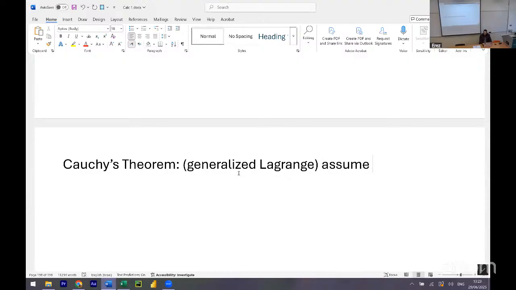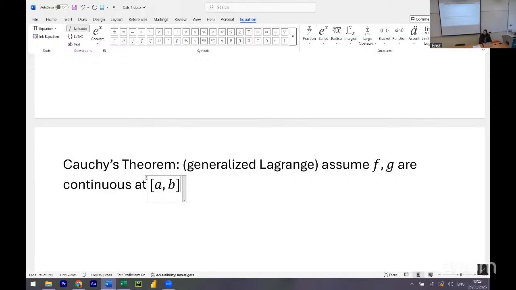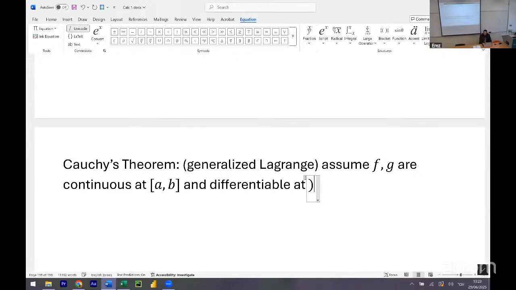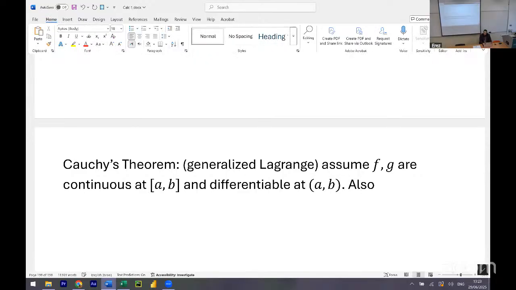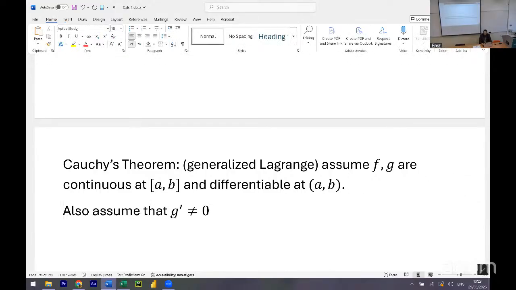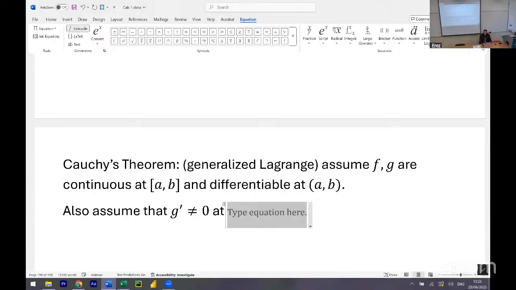Assume f and g are continuous at [a, b] and differentiable at (a, b). Also assume that g prime is never zero at the open segment (a, b).